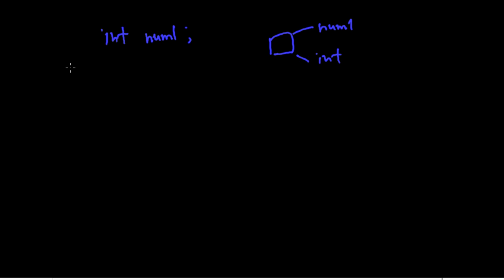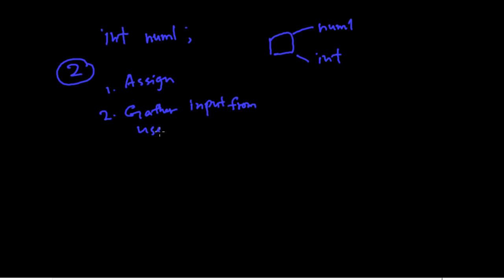Well, there are two ways to get a value for that. Number one is to assign a value to it. Number two is to gather input from user. Now let's talk about the first one first.